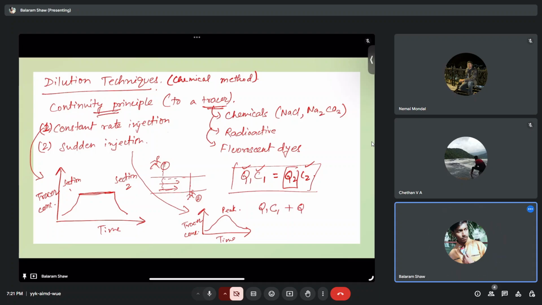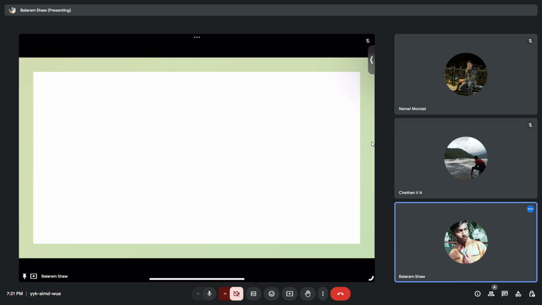Then it will be Q2 into C0 equals (Q1 plus Q2) into C2. So from this you get the discharge at the second section as Q1 into (C1 minus C2) divided by (C2 minus C0). Now if there is no initial concentration, this C0 will become 0, right? So we'll see some questions for this also.